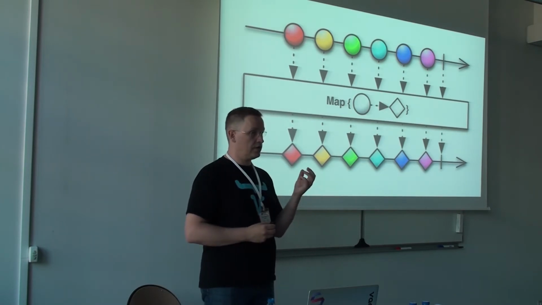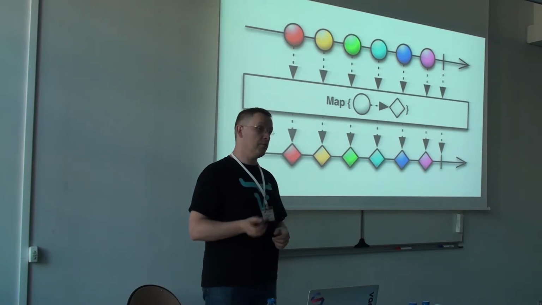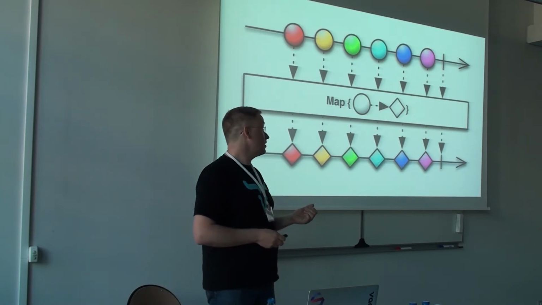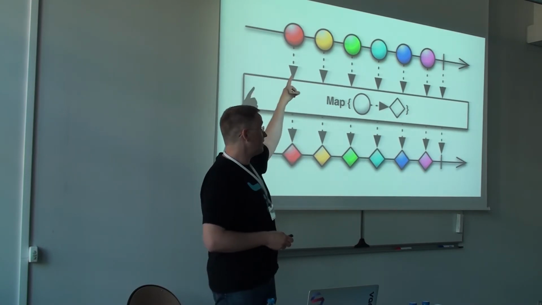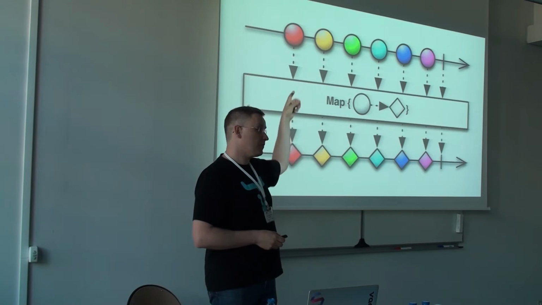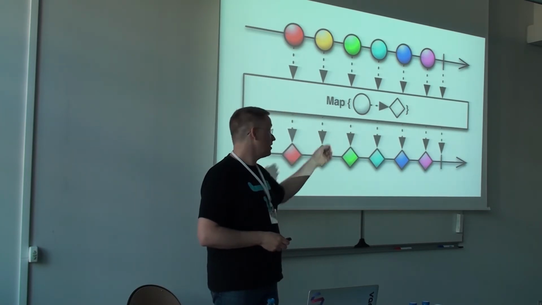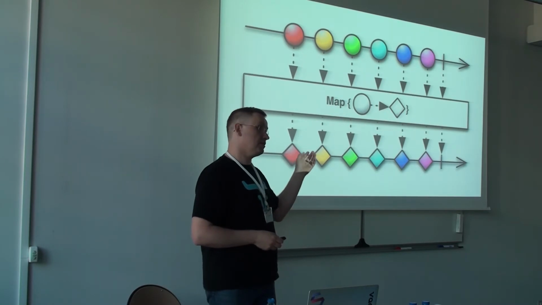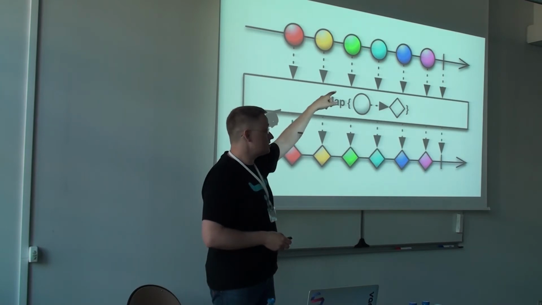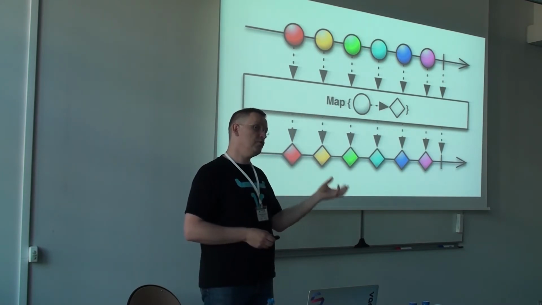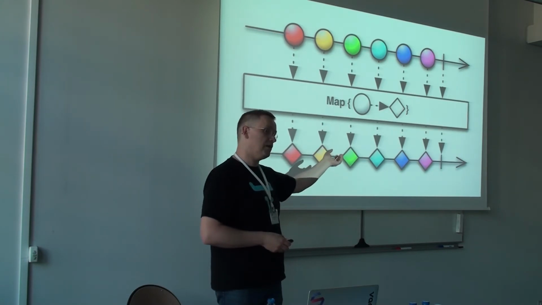Map is quite a simple beast. It operates on a sequence of elements, the upper one there. It takes one parameter, which is a lambda, which needs to be able to take one element from the sequence as an input and return something else based on that. That's it. What map actually does is take the sequence, call the lambda for each element in the sequence, and return you a new sequence that contains the results of those lambda invocations.